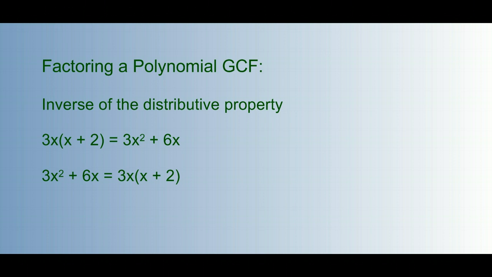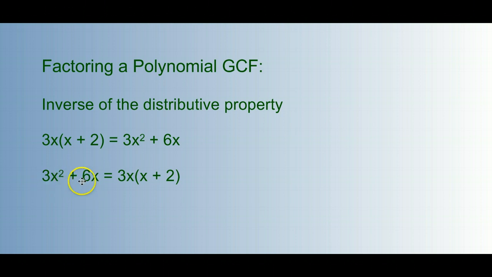The polynomial factoring using greatest common factor takes that exact same process and works it backwards. We're now going to start with that 3x squared plus 6x, and we're going to look at this factoring as what can I divide out of 3x squared and 6x. So we're looking for common factors we can divide out, and the greatest common factor that we can divide out.